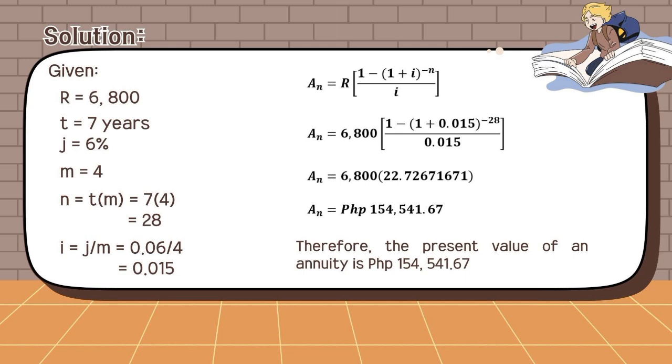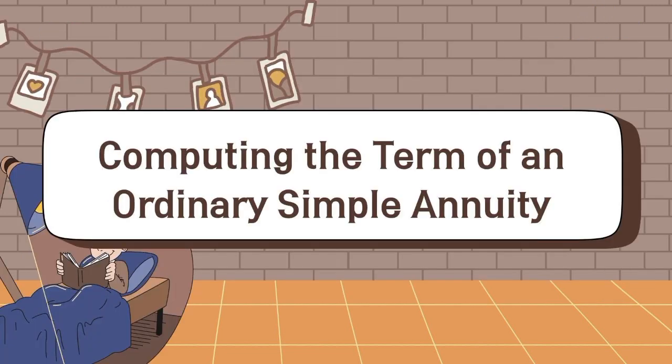And if we calculate inside the bracket, we get approximately 22.73, and we multiply it by 6,800, we get 154,541.67 pesos. Therefore, the present value of the annuity is 154,541 pesos and 67 centavos.